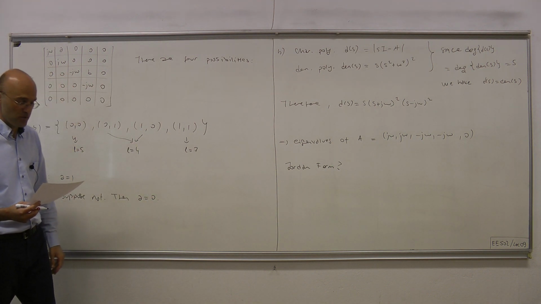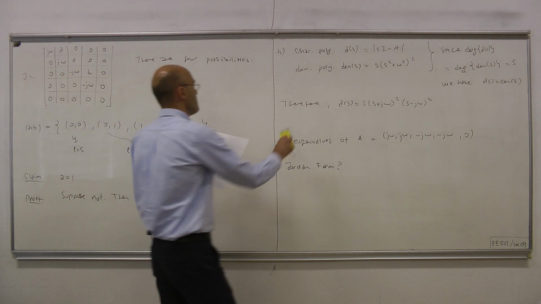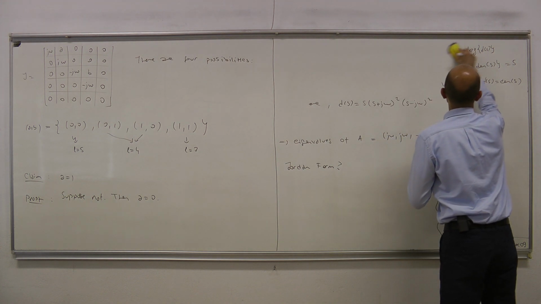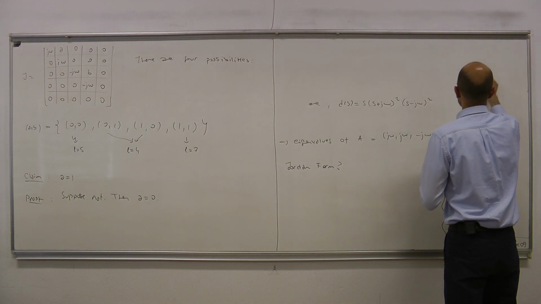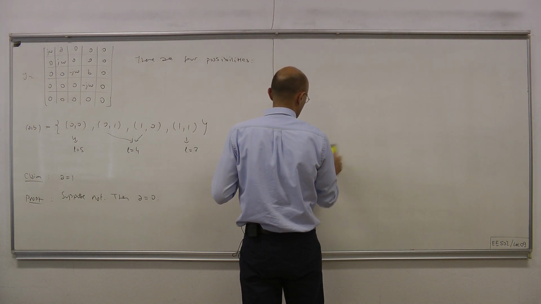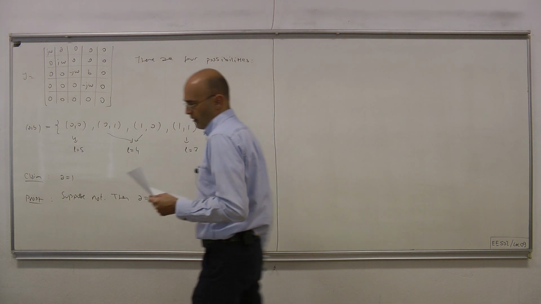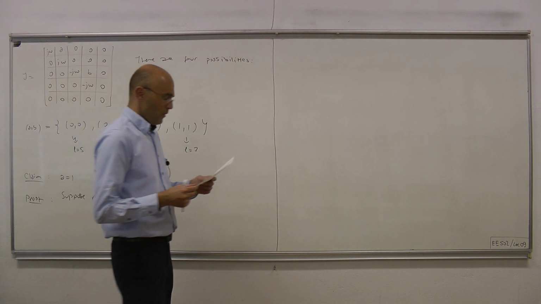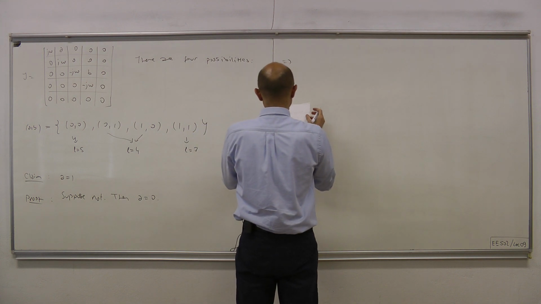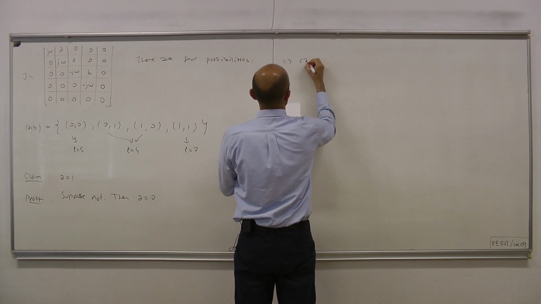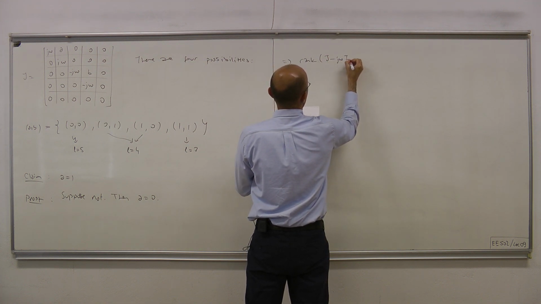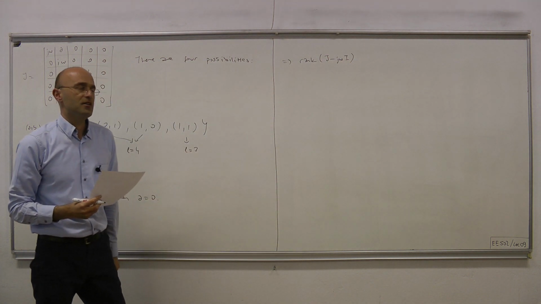We're talking about the Jordan representation. Then we can proceed as follows. Rank of J minus jω times the identity matrix.